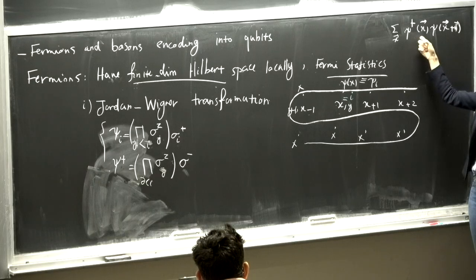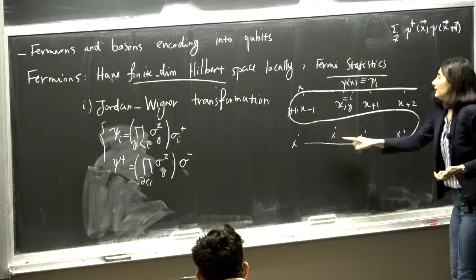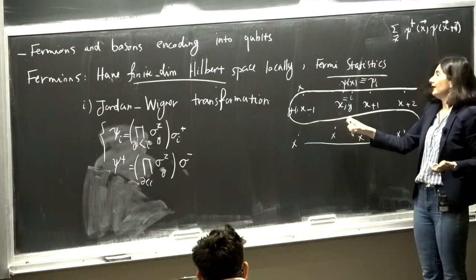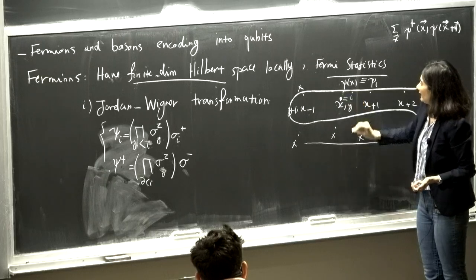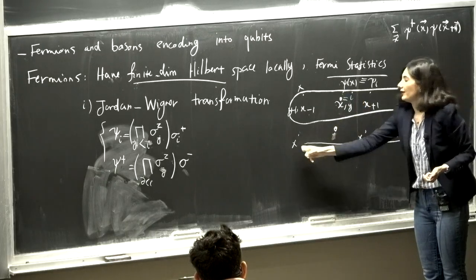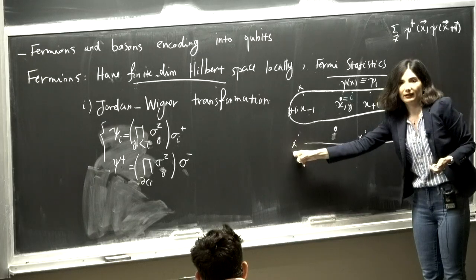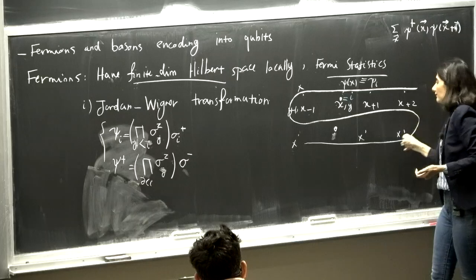If I had something like this, which is local because it's nearest neighbor, then it would turn into completely non-local qubit interactions. Why is that? Because of the sort of this indexing. If I have a guy that is sitting here, and then that would interact with the guy that is sitting here, this guy is going to have a chain of sigma z right before it, and then this guy is going to have a bunch of sigma z's.